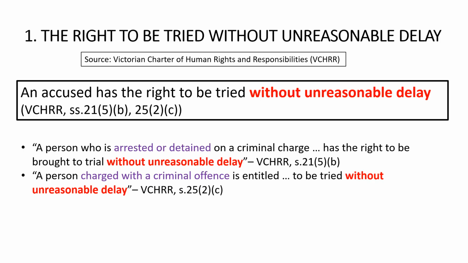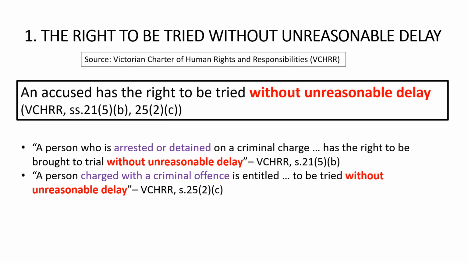Let's now look at the first right of an accused as set out in our learning intention. Under the Victorian Charter of Human Rights and Responsibilities, an accused person has the right to be tried without unreasonable delay. You need to be able to both identify the source of this right and to describe this right. The source of this right is the Victorian Charter of Human Rights and Responsibilities.